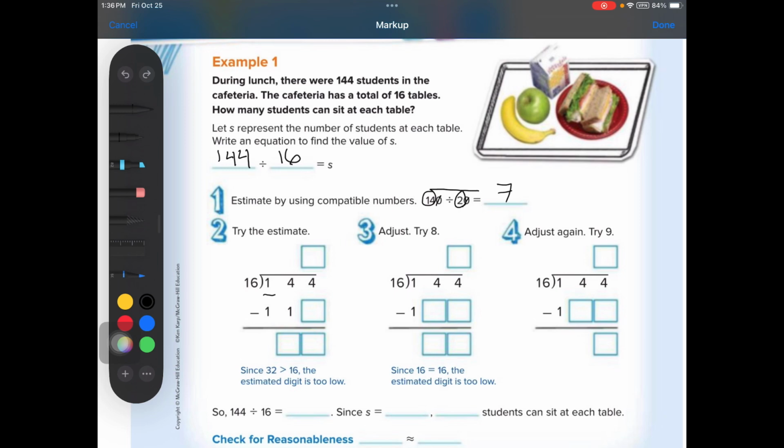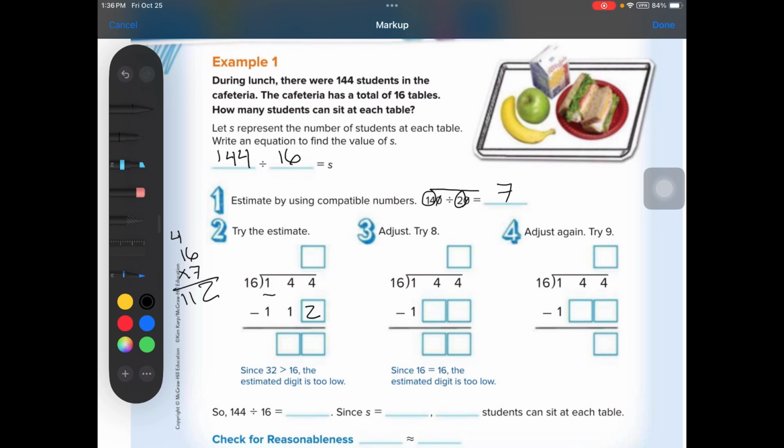Let's do a few. 16, let's try about 7, because that's kind of what we got right here. 6 times 7 is 42. 7 times 1 is 7, plus 4, 7, 8, 9, 10, 11. 112.